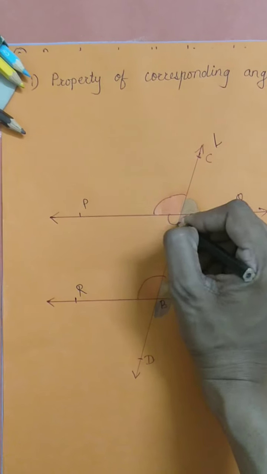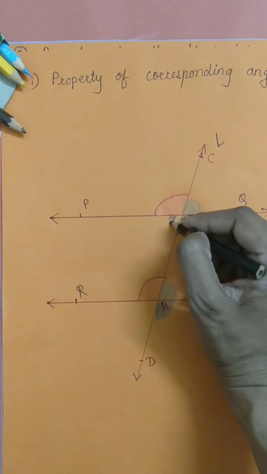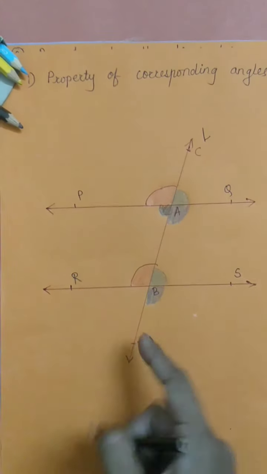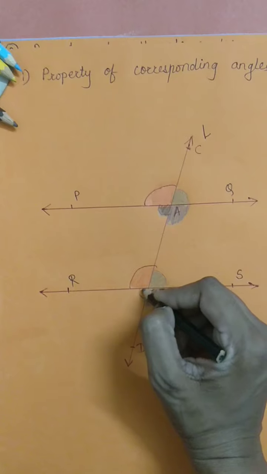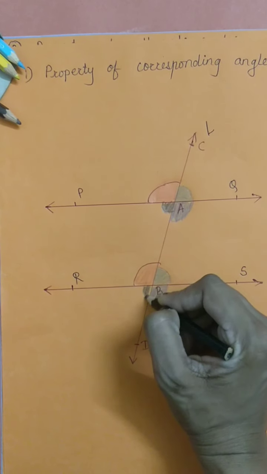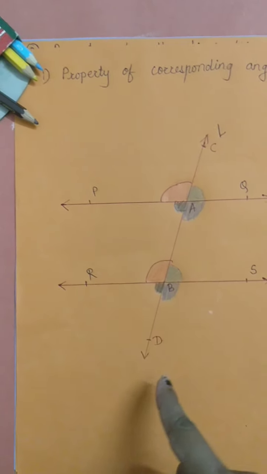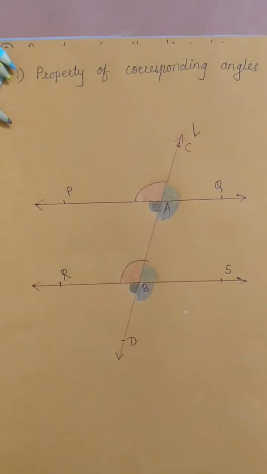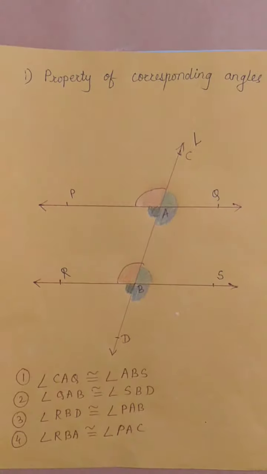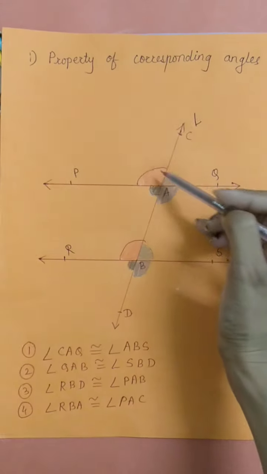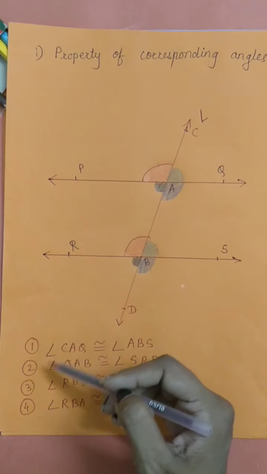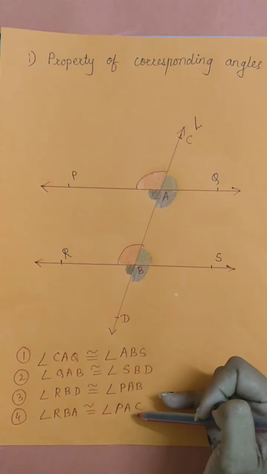So this is angle PAB and angle RBD. So this way we have got 4 pairs. The 4 pairs are written here.